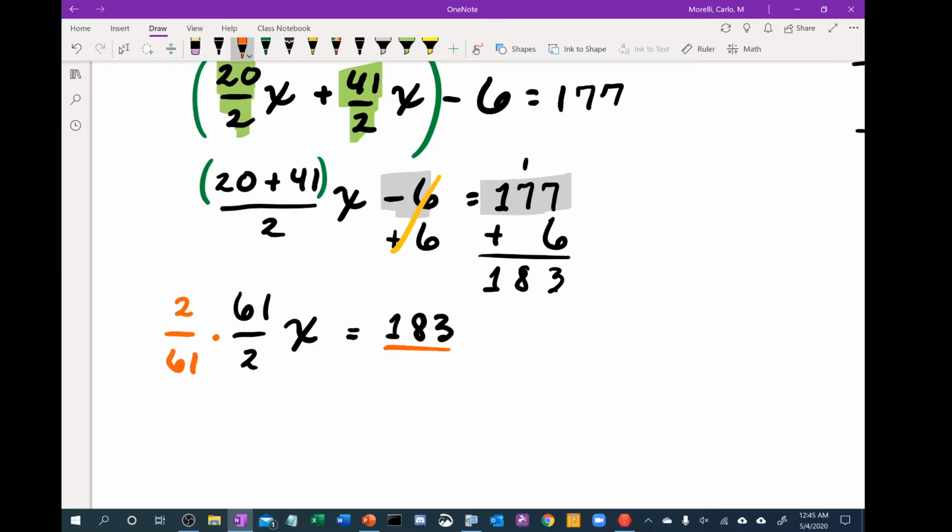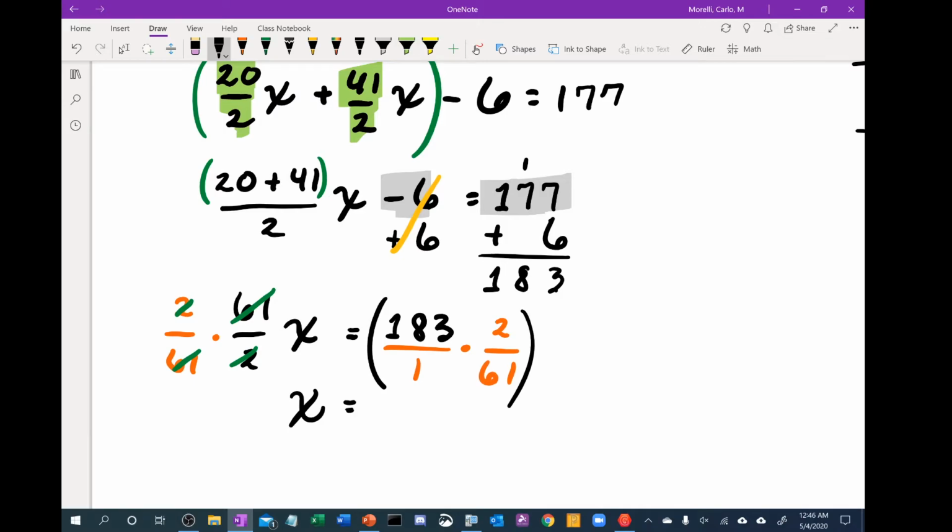So I'll write 183 over 1 times 2 over 61. Now, the benefit of having done that is these cancel on the left, and suddenly I'm in the remarkable position of having x by itself. And so I just have to figure out this nonsense over here on the right, and I'll be good to go.